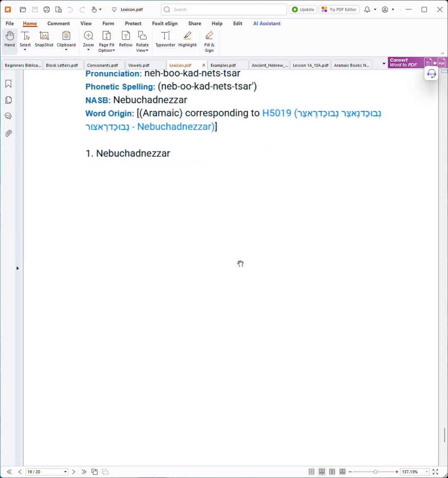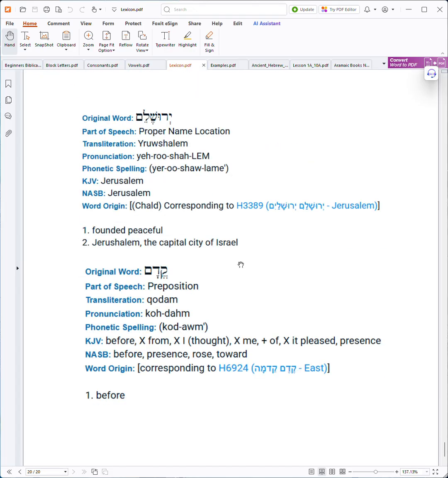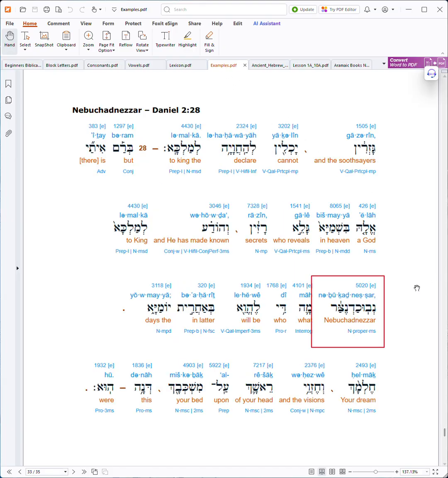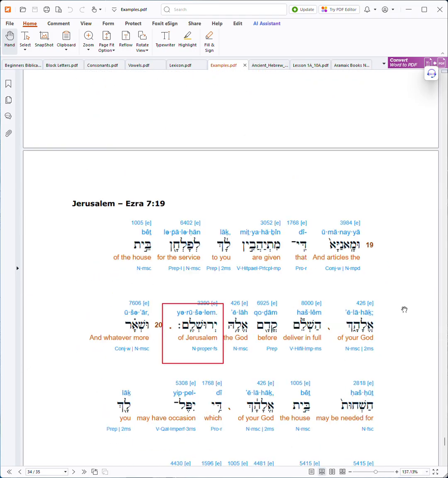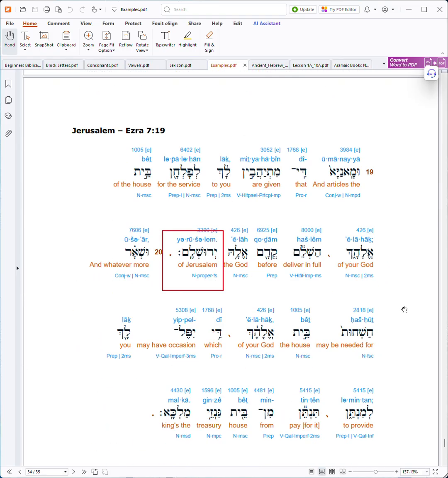So we probably have Jerusalem in here. There it is. And King James does Jerusalem. New American Standard does Jerusalem. And we should have an example of Jerusalem. And there it is. So here's our D again.